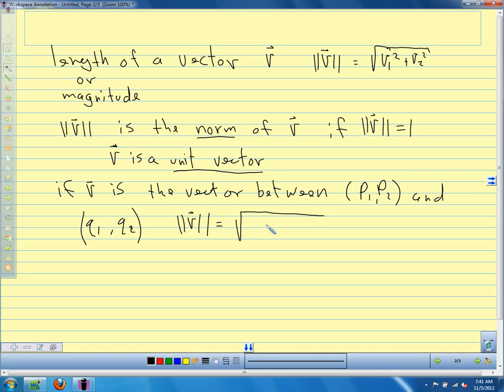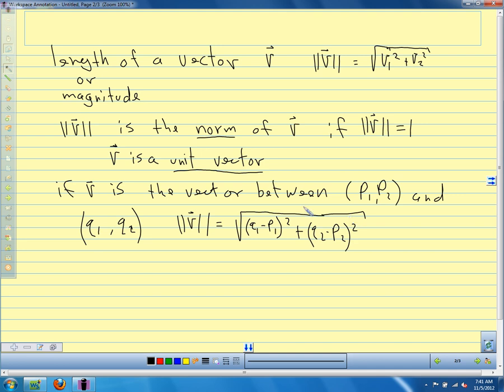Square root of, we'll do it in this order, Q1 minus P1 squared plus Q2 minus P2 squared. So we're just using the Pythagorean theorem here. So this is how we find the length of a vector.